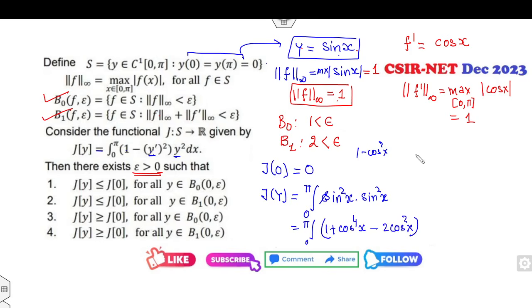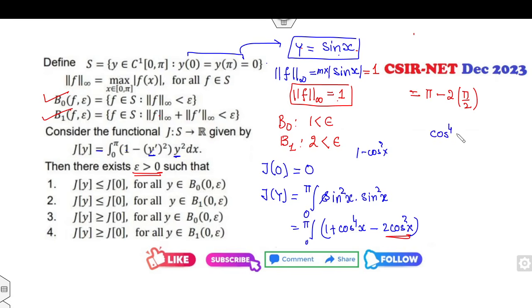Fine. Again, I can use the orthogonal property. Let me write again here. Because it's an integration, the first value will be pi. What is the integration of this component? Minus pi by 2. Fine. It's minus twice cos square, which is pi over 2. What is the integration of cos raised to power 4?